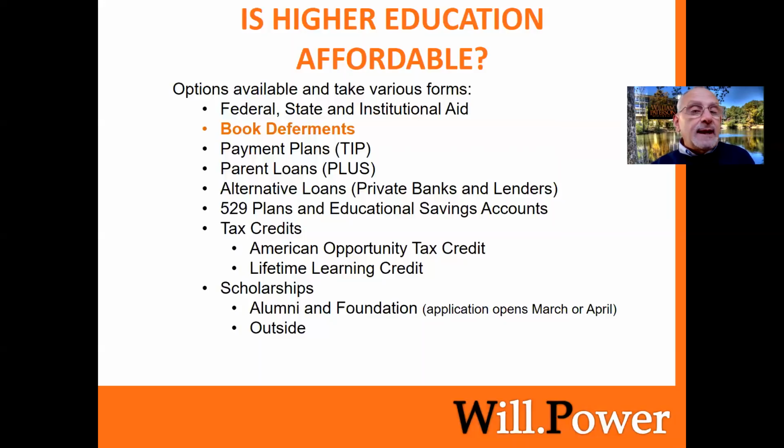It's really almost one application that opens up the possibility of 600 scholarships. Some are as low as $250, some as high as $11,000. Most are between $3,000 and $6,000. And then there's outside scholarships that you can bring into the university to help fund your education.